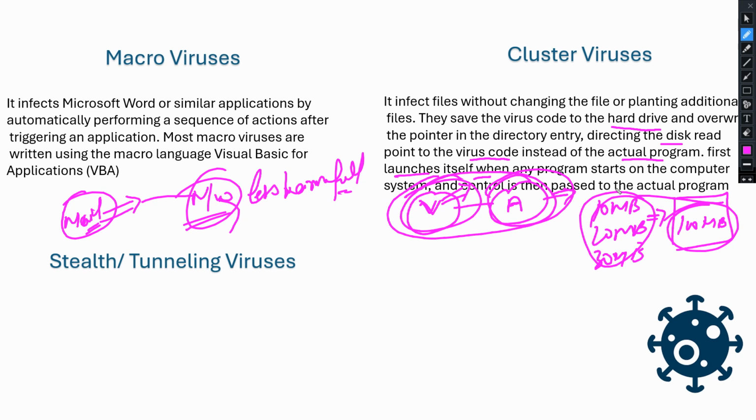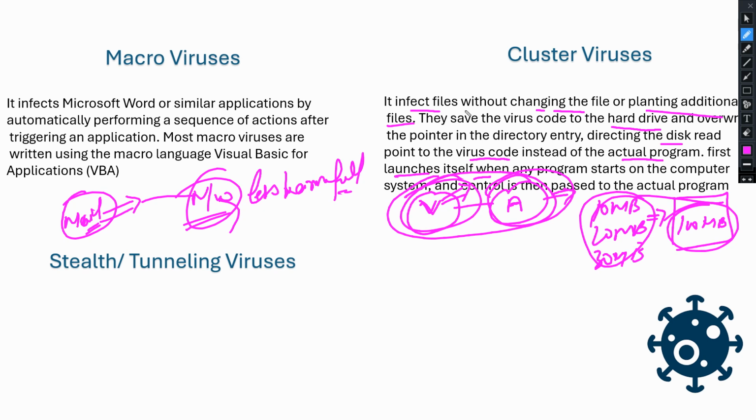I know it's quite difficult to understand all the virus types, but you just have to remember a few things. In this cluster virus, let me make it easy for you. It infects the file without changing the file and planting additional files. Okay, without changing the file. It is not changing any file, and without planting any additional file.